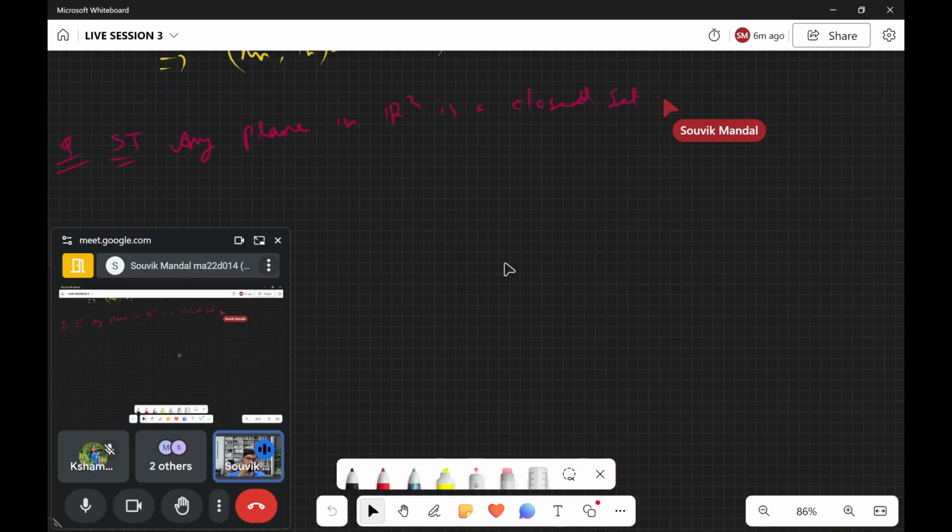So try to solve it yourself. First of all, closed set means the complement is open, but don't try to go in that direction.